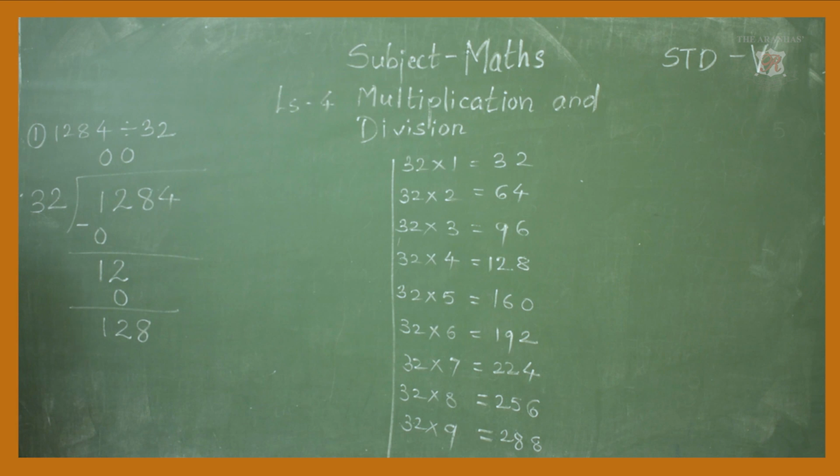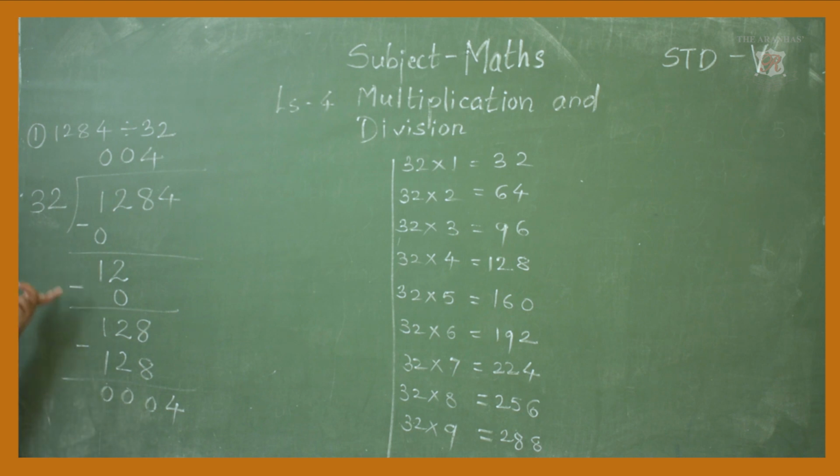Isn't it? Okay. Now go to the table. 32 fours are 128. So 32 fours are 128, minus: 0, 0, 2 is left, 4.